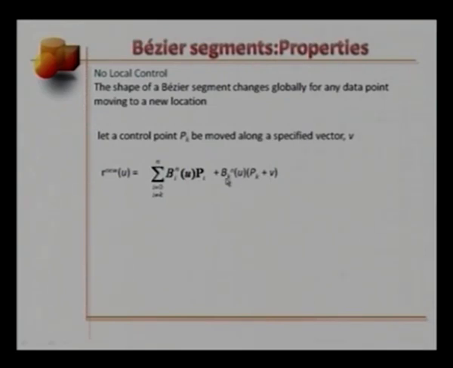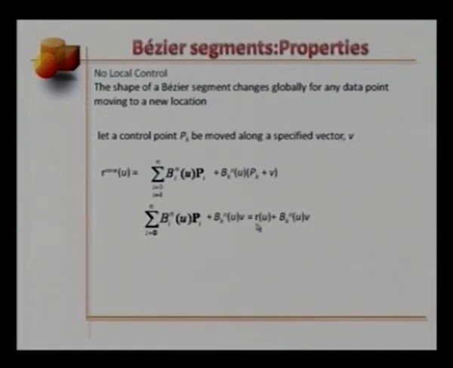What we can do is bring this term back into this summation to get i going from 0 to n in summation terms b sub i super n times the design points, plus b sub k super n times the vector v.